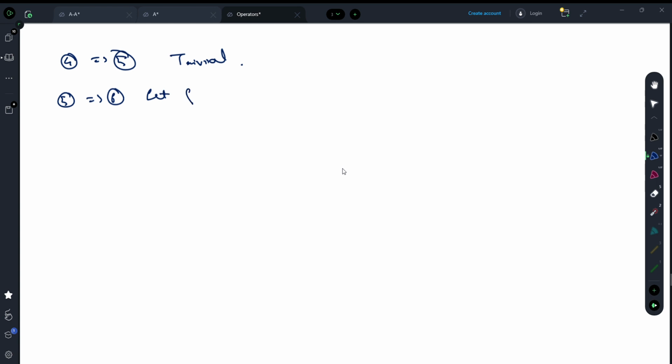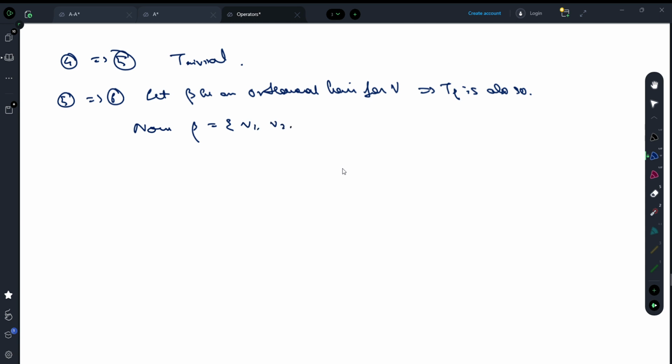So let beta be an orthonormal basis for V, which immediately implies that T beta is also, from 5. Now let beta be given as V1, V2 till Vn. Then for all x in V, I can write x as summation ai vi, i ranging from 1 to n.